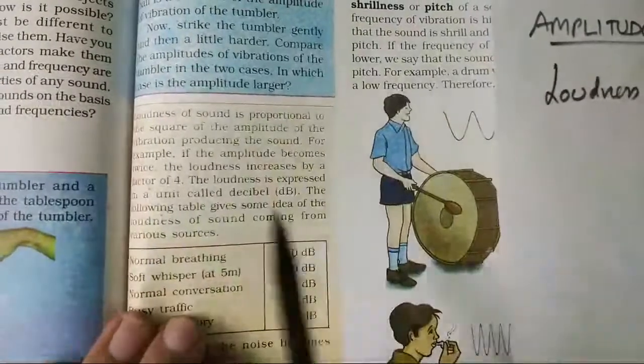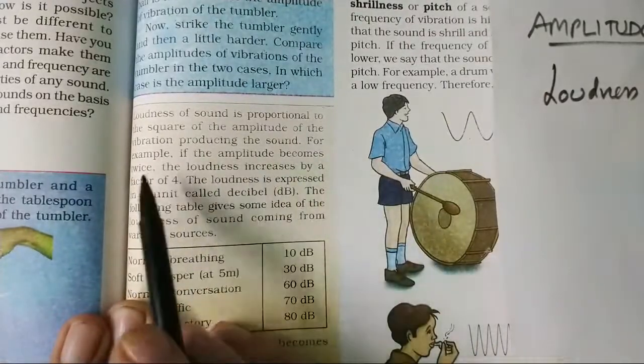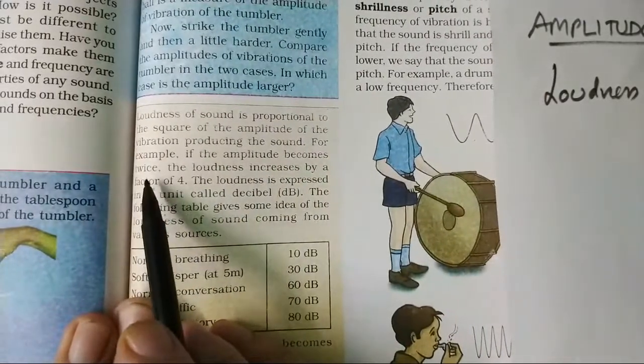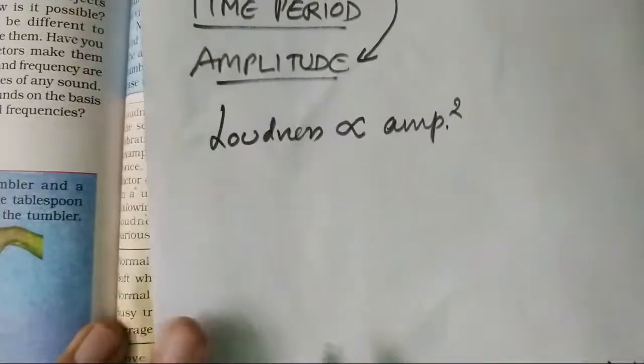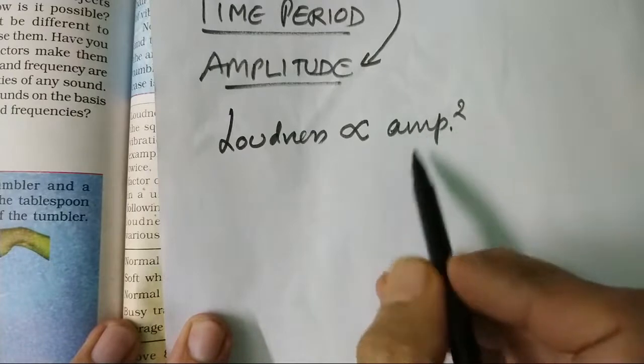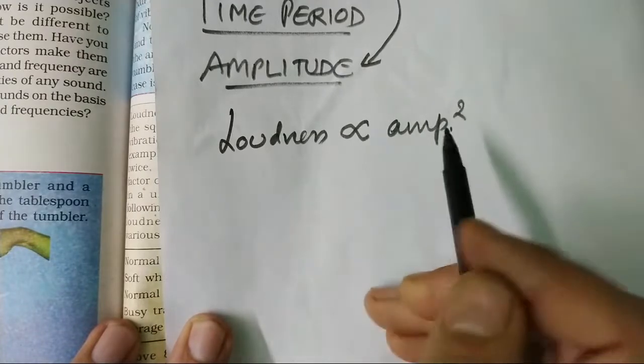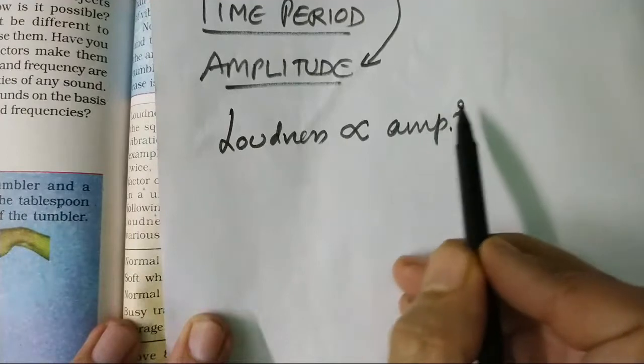Now what does it mean? If the amplitude becomes twice, suppose the amplitude is 2, it will become 2 square. If the amplitude is 1, it will be 1 square.